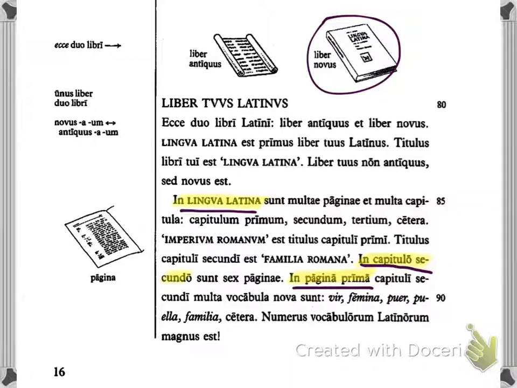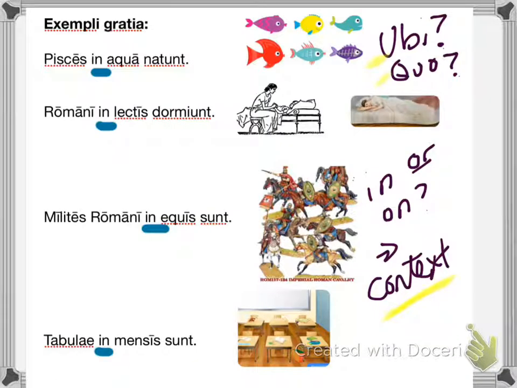So sometimes you'll see this ablative phrase be a noun and an adjective together, like capitulo secundo and pagina prima. Those are noun adjective pairs that have the same ending. So they're all in the same case because they're coming after the Latin preposition in, which is going to take the ablative case.